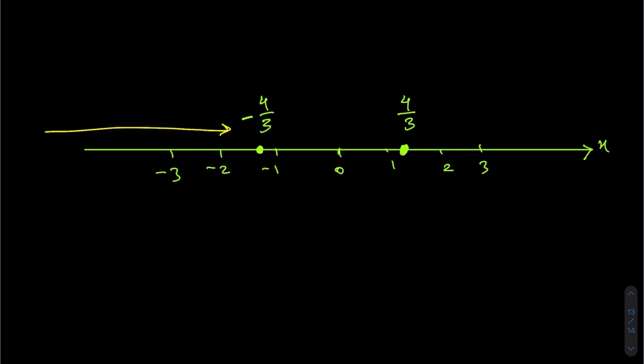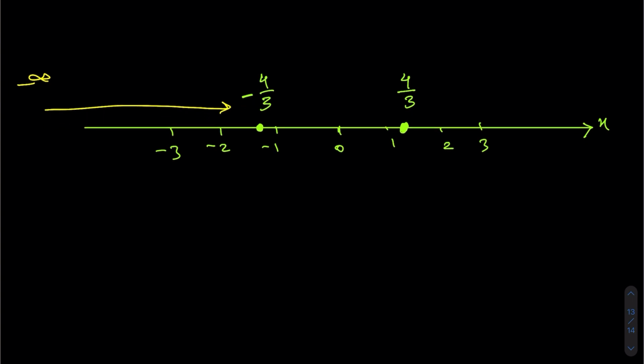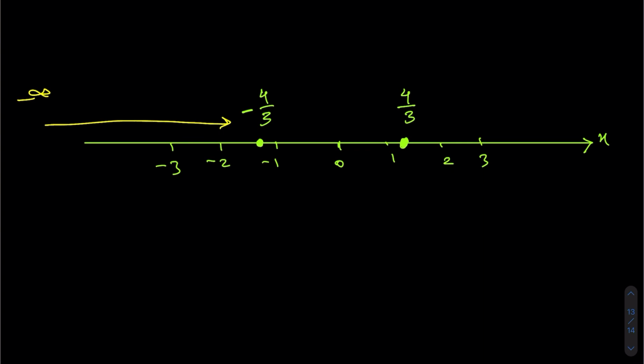Suppose I am approaching from negative infinity to the first critical value, and I will reach this critical value. So I want to make sure whether the values which fall into this area belong to my answer or not.